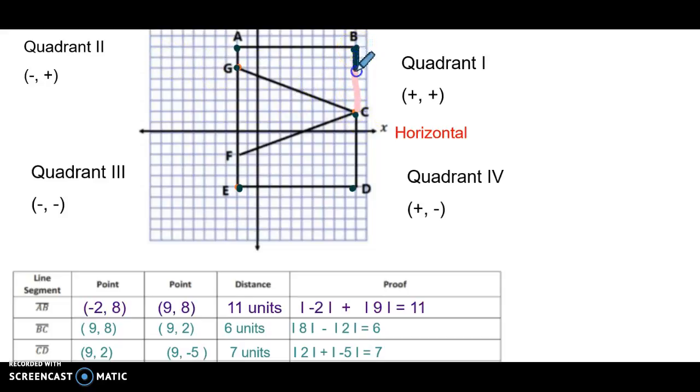Line segment B and C would work for this one as well because it's above the x-axis. It's above it. Point A and point G form line segment AG, and they are above the x-axis, as well as point A and point B. So your answers may vary in this case.